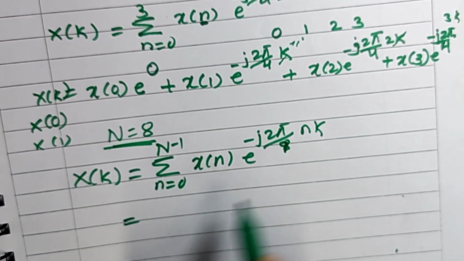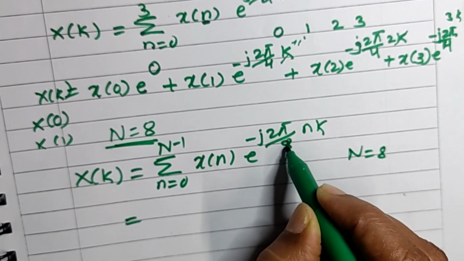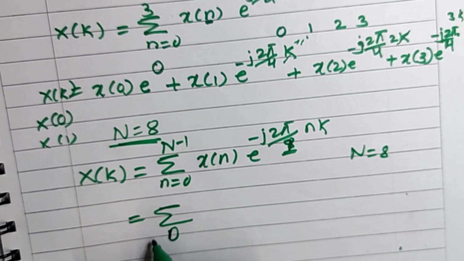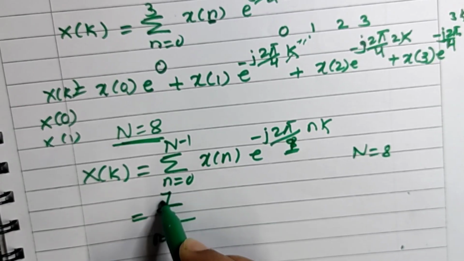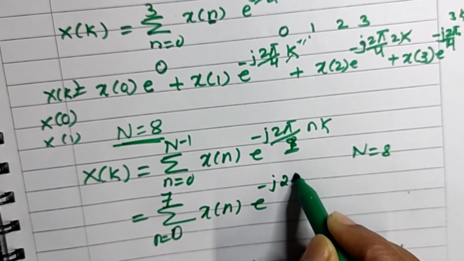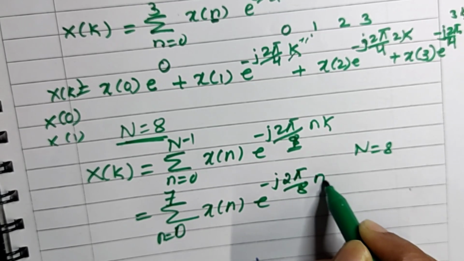Now we will substitute N is equal to 8, so n goes from 0 to N minus 1, which is 7, x of n into e raised to minus j 2 pi by 8 into n into k.